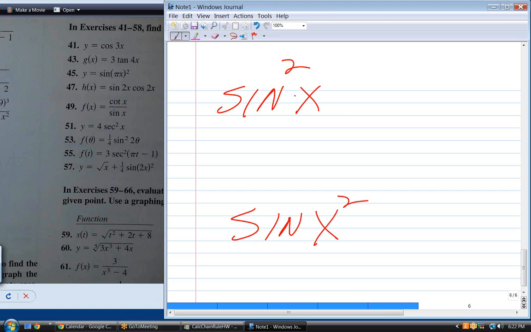Okay. What's the inside? The inside for this one is x. Yeah, if I want to figure out what the inside is, here's what I'm going to do. I'm going to do some u substitution. What would I let u do? Well, if I let it equal sine x, then I have y equal u squared, and I can figure out dy du.